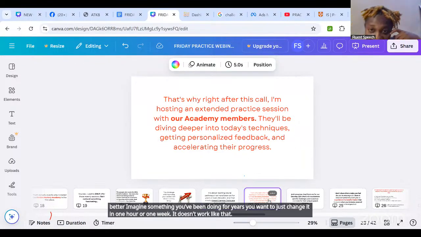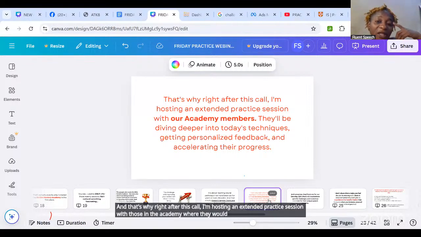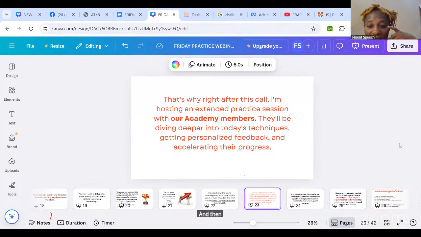And that's why right after this call, I'm hosting an extended practice session with those in the academy where they would be diving deeper into today's techniques, getting personal feedback like we saw here, and accelerating their progress.